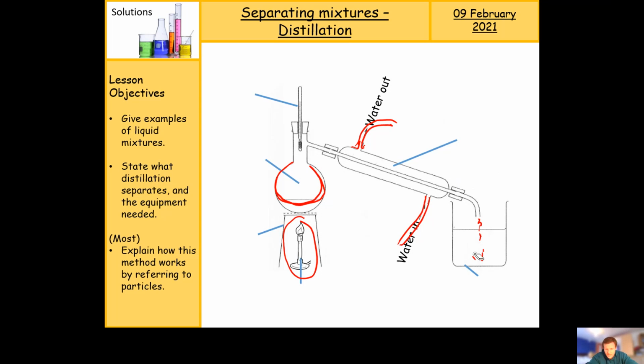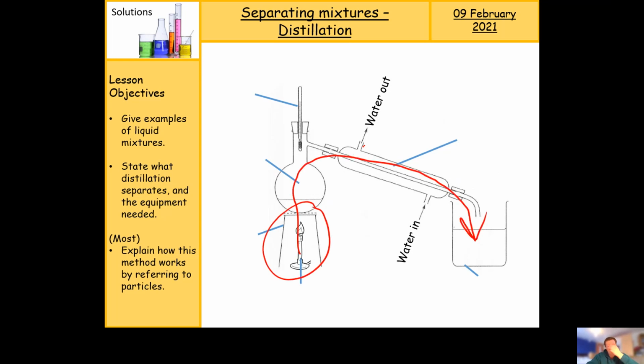So we're going to explain what's actually going on with this crazy scientist setup. What we're going to do is start down here, and then work our way around like this, labeling as we go.